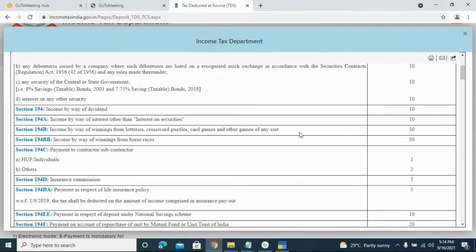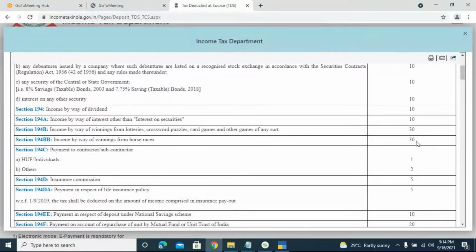But in case there is a generation of lottery tickets in any of the states, the flat rate is 30%. Next, income by way of winnings from horse races, turf clubs. In case any gain is won by winning races, again a flat rate of TDS of 30%.